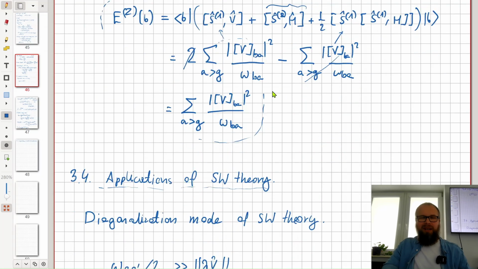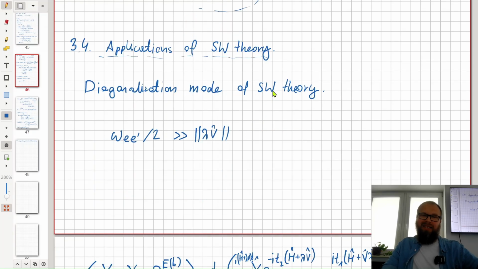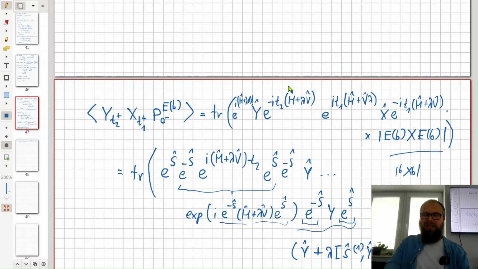And then we talked about some applications of the Schrieffer-Wolff transformation, which I decided to split into a couple of modes. There was a diagonalization mode, where you think of it as a transformation that diagonalizes everything into the eigenbasis of the perturbed Hamiltonian, but in perturbative terms, so it's an approximation.